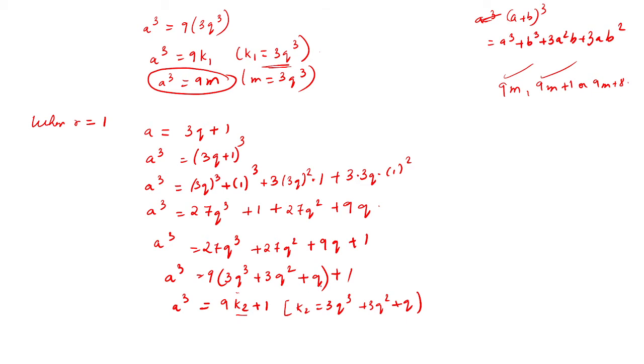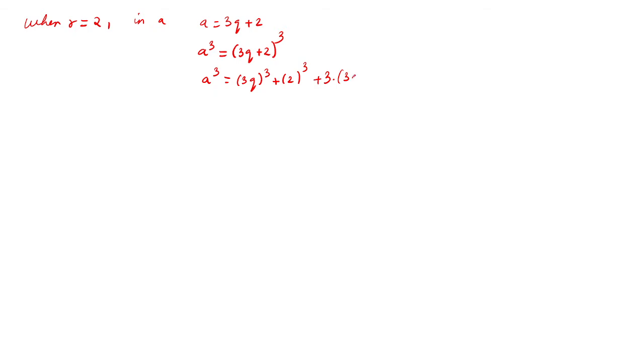So we have found out the first thing. Now, when r is equal to 2 in a, your a becomes 3q plus 2. You take cube on both sides, so you get 3q plus 2 the whole thing cube. So this becomes a cube, which is a cube plus b cube plus 3a square b plus 3ab square.